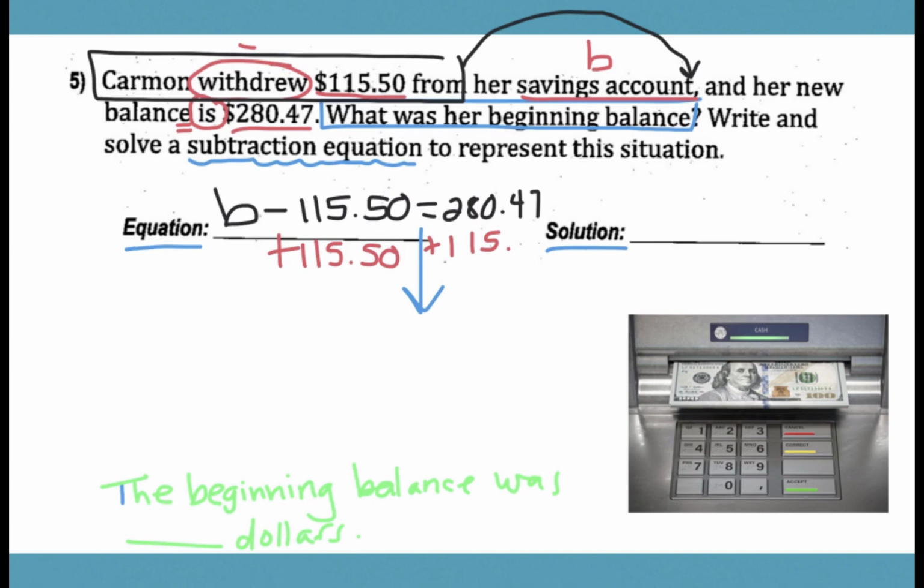When we are adding, subtracting decimals, we need to line up our decimal points. And again, we can use a calculator to help us with this. So on the left side, we're left with B equals $280.47 plus $115.50. Type that in your calculator or do it longhand. What do you get?